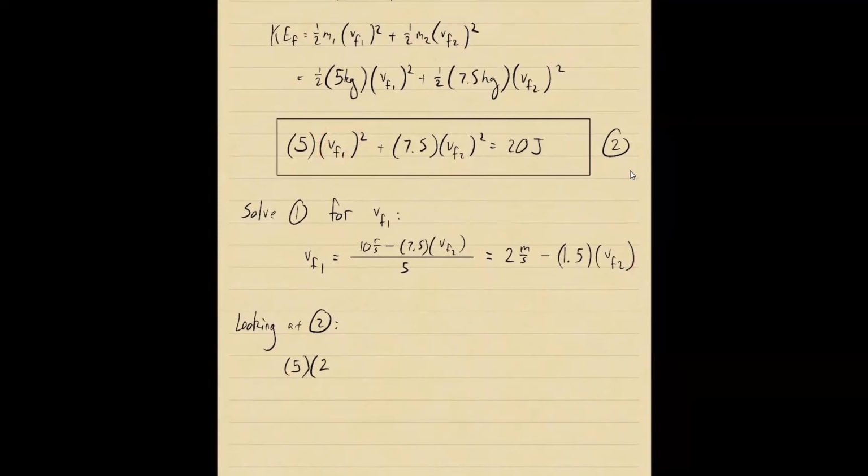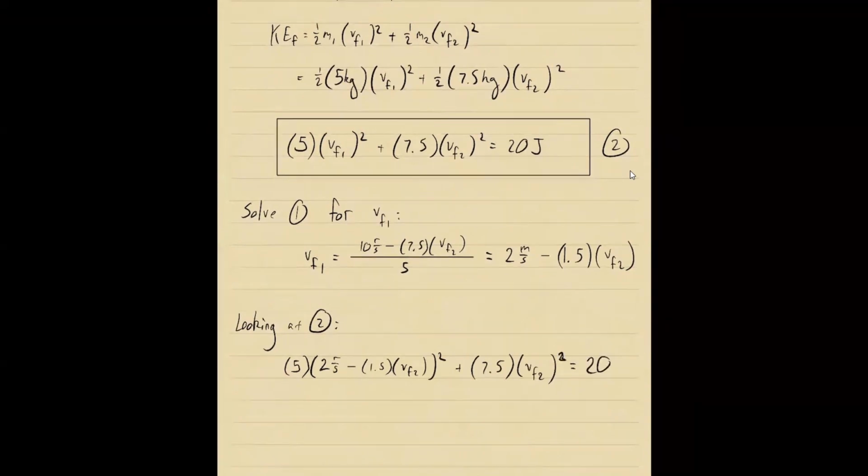So that's 2 meters per second minus 1.5 times the final velocity of our second ball. So we're going to square that. And then we have the rest, which is times 7.5 times the final velocity of our second ball squared. It's equal to 20 joules. I guess in this case, we've divided by kilograms, so this is going to be some weird unit of meters squared per second squared, right?